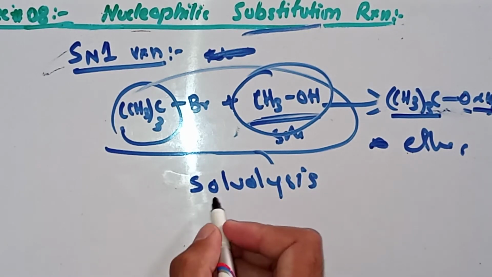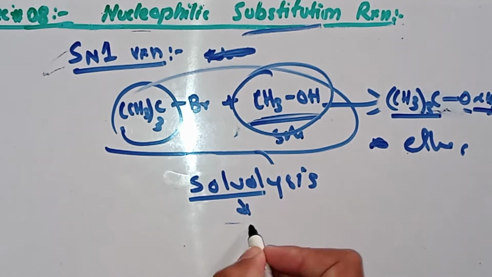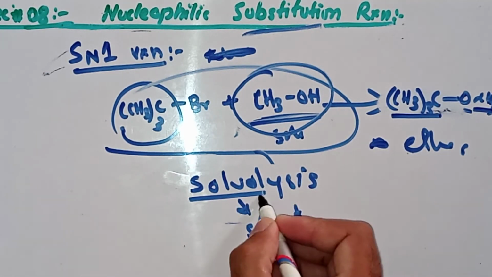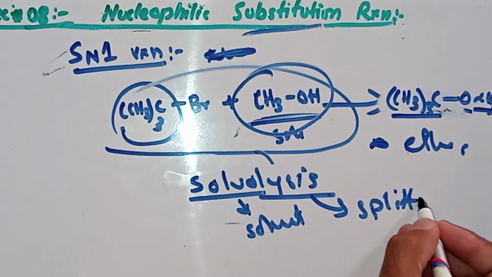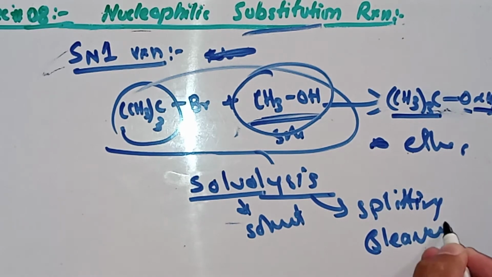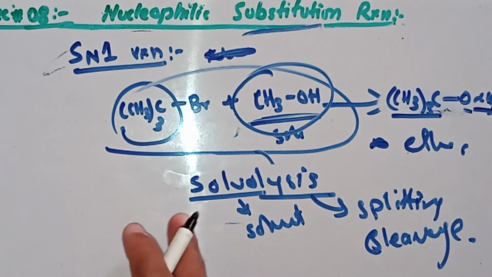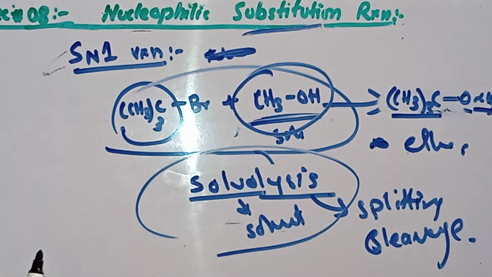What is meant by solvolysis? Solvo refers to the solvent, while lysis means splitting, or cleavage. So it means that the splitting or cleavage of the solvent occurs in the Sn1 reaction.